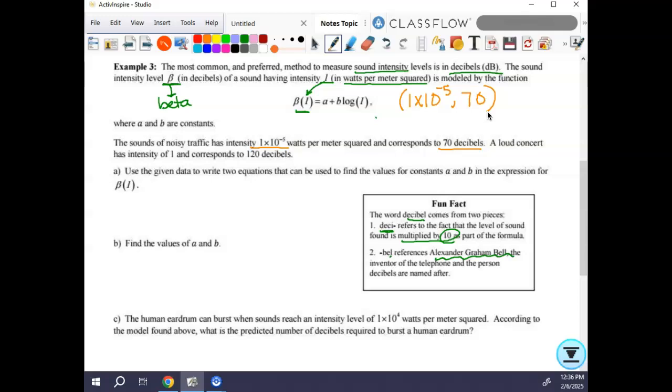That's input, output. A loud concert has intensity of 1. That is not an I, but I totally see how it could be confusing because the I looks like a 1, but that's a 1. Intensity of 1 corresponds to 120 decibels. So that ordered pair is 1, 120. Okay, everybody good with all that?